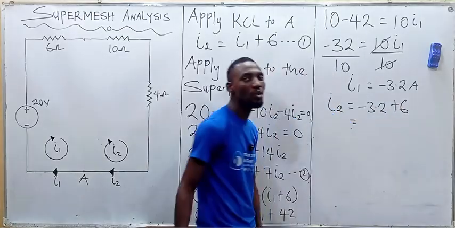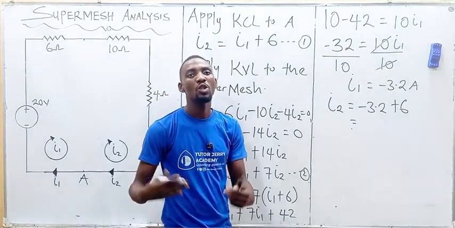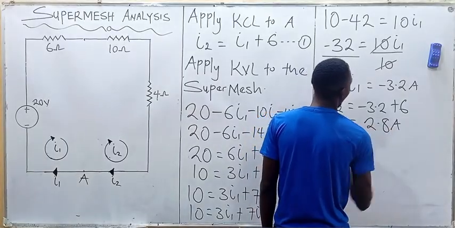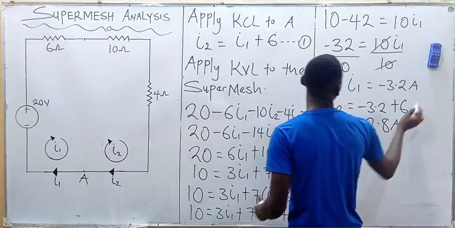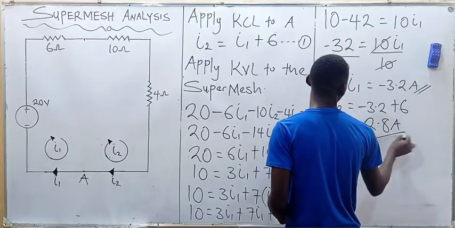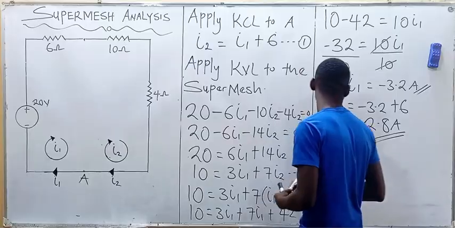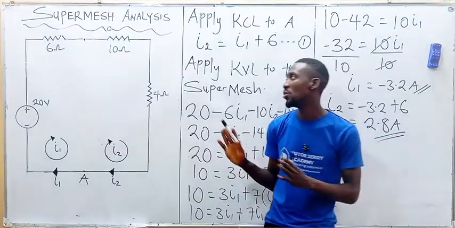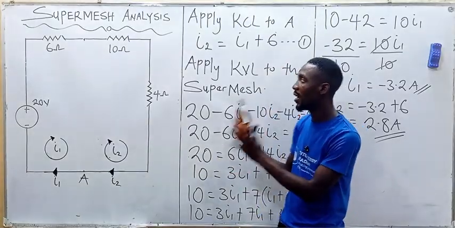And minus 3.2 plus 6 is nothing but what? 2.8. So 2.8 amperes. All right, so I1 is minus 3.2 and I2 is 2.8 amperes.